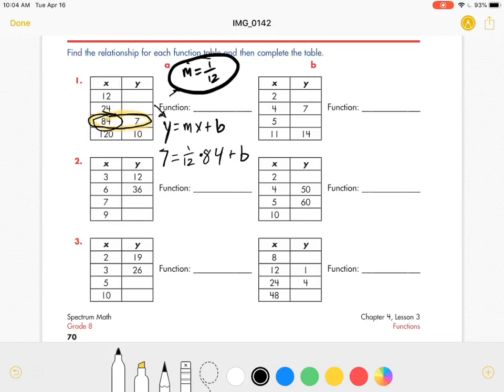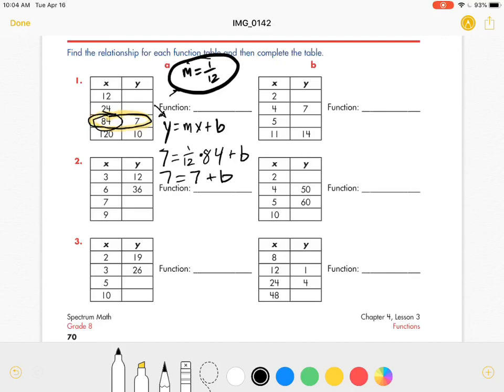So this is my new equation: 7 equals 1/12 times 84 plus b. So I have 84 times 1/12. That is 7. 7 plus b equals 7.